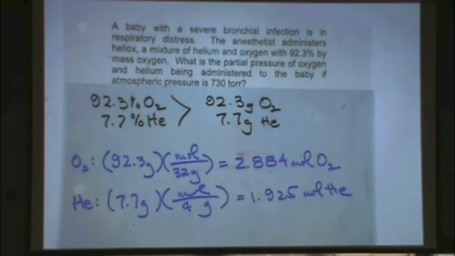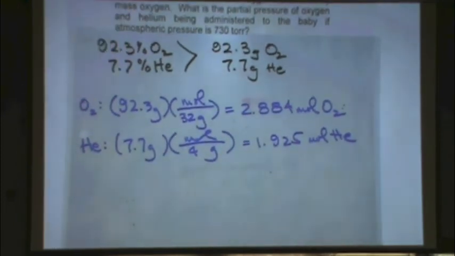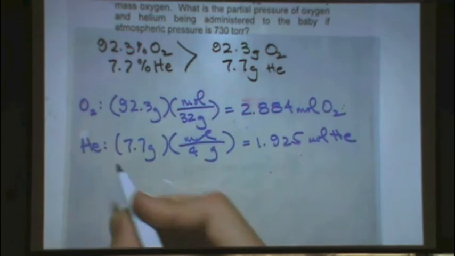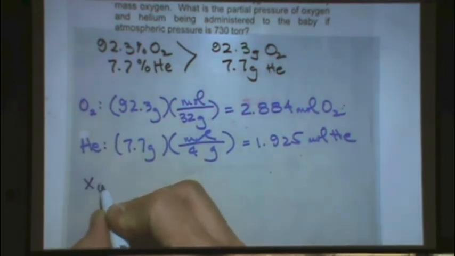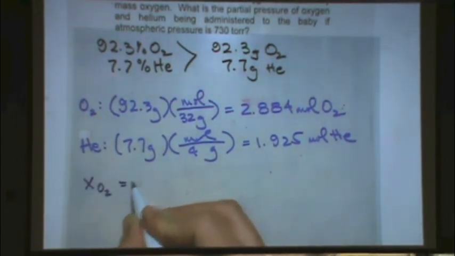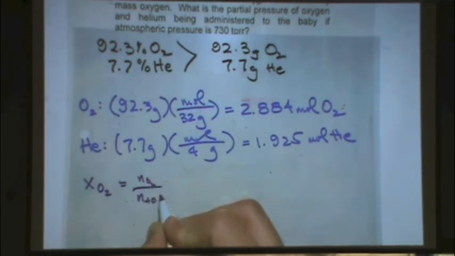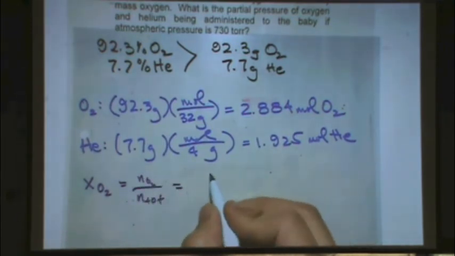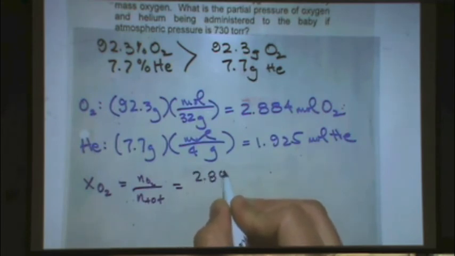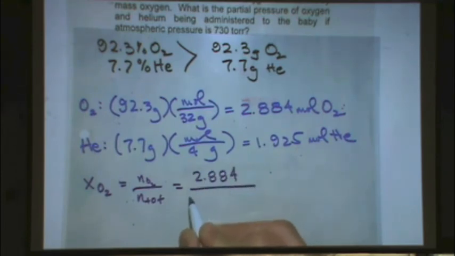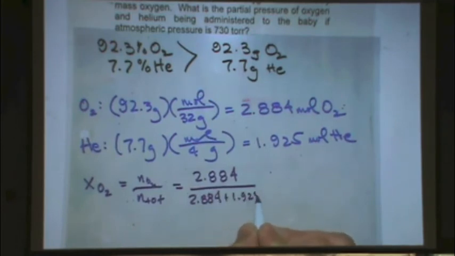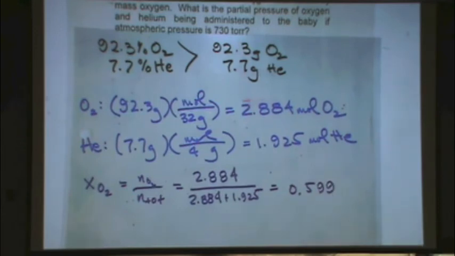Okay, we got the moles. Now let's go for the mole fraction. Okay, I'll get a different color pen out here. The mole fraction of oxygen is the moles of oxygen over the total moles. The moles of oxygen, 2.884, total moles, 2.884 plus 1.925. This turns out to be 0.599.